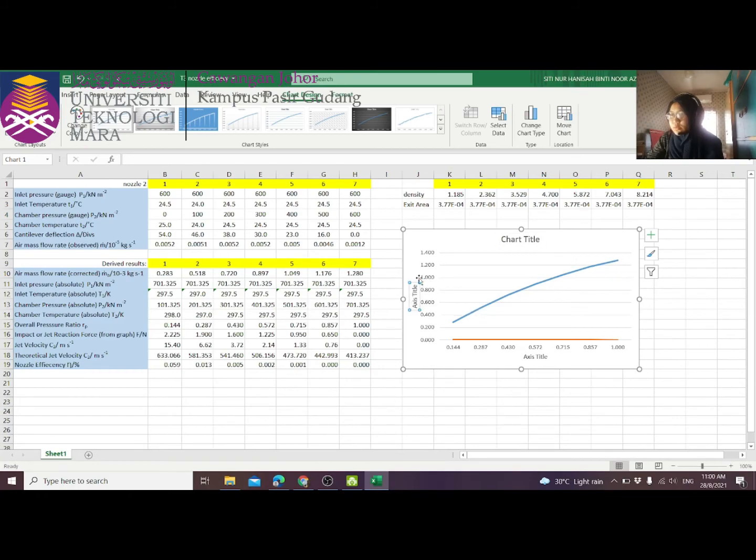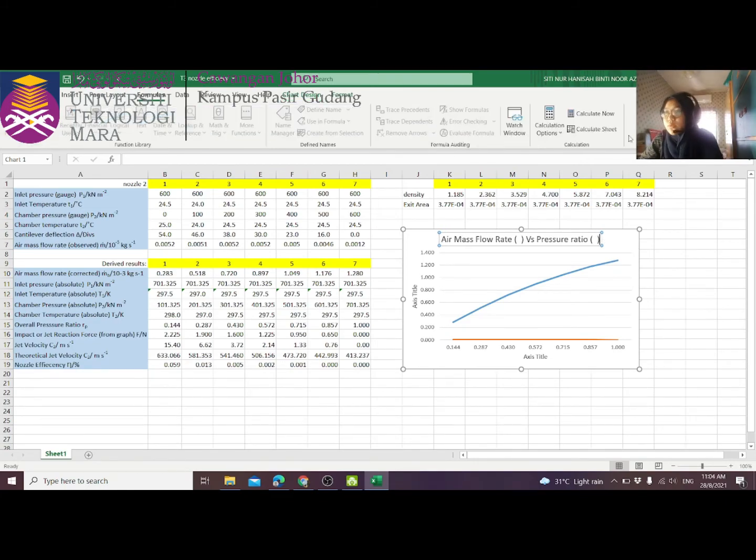As for the title, maybe only this one. So this one. Okay, for the chart title it is mass flow versus pressure ratio. This one.